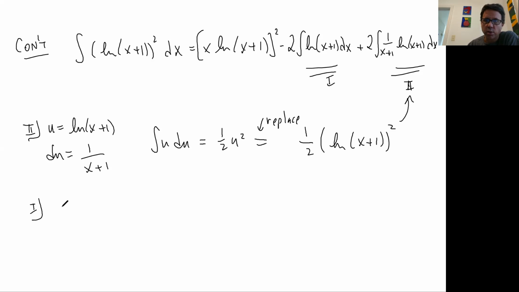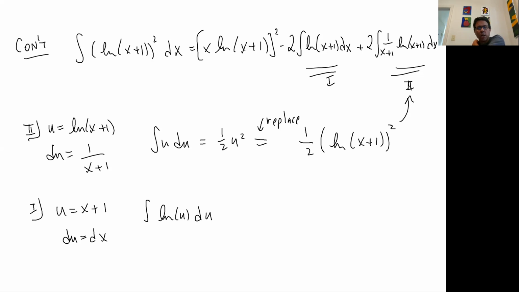This one right here also is a substitution, except this one is just u equals x plus 1. So you're like, does that help at all? Well, we'll find out. du is the derivative of x, which is 1 dx. So that integral becomes the integral of the natural log of u. That one we did do before. It is in the table, number 7 right there.